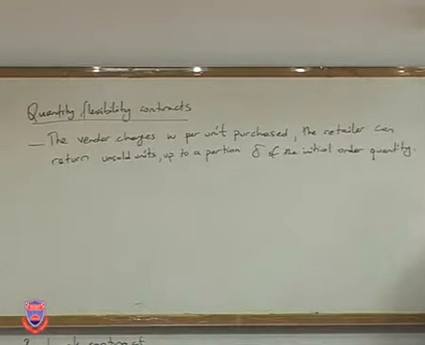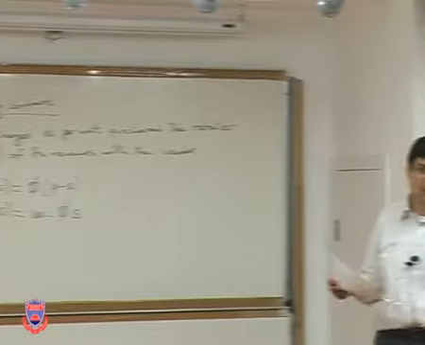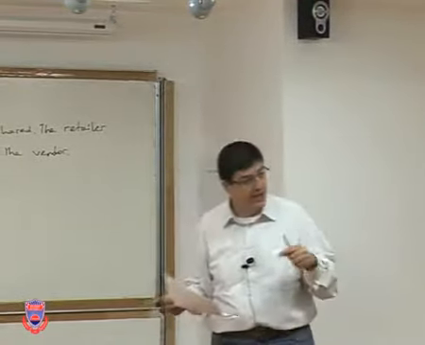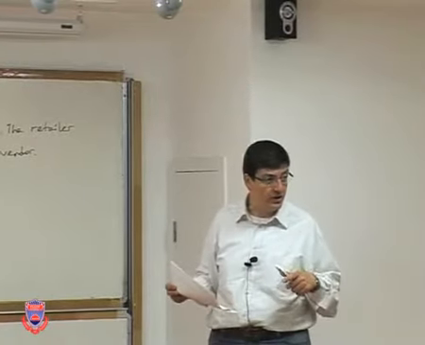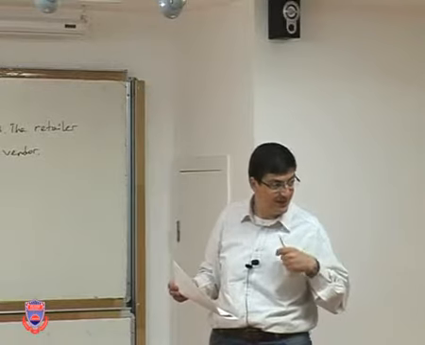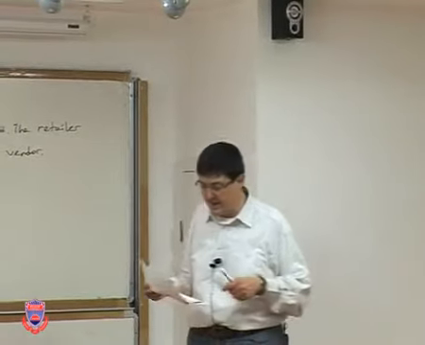So what happens is that you order Q units, and delta is, let's say, 20%. So it means that you can return 20% of the initial Q units that you ordered without any loss. So it means that you're going to get back what you paid. Okay? And this is allowed.